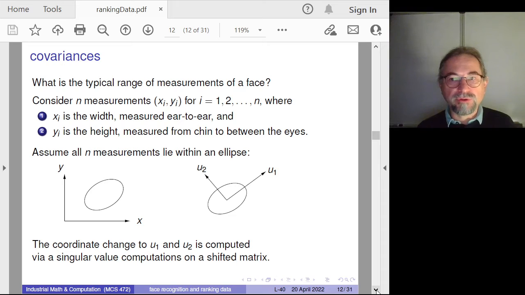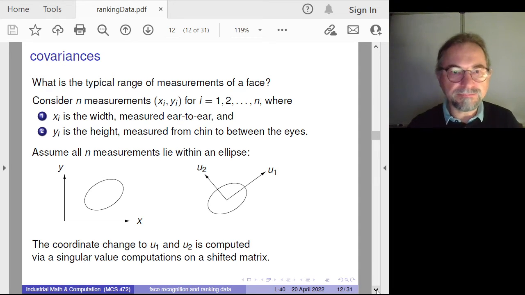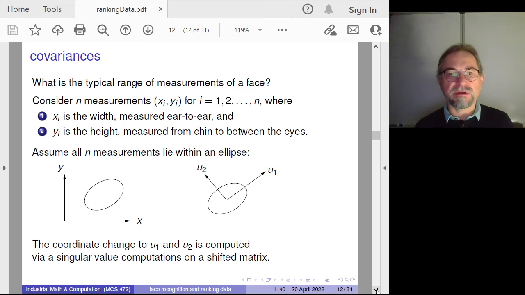Now, x is the width, y is the height, and if you were to represent this geometrically by dots in the plane, then you may see that this corresponds to an ellipse. Then one can normalize the data set by computing the mean and placing the origin of the coordinate system at the center of the observed data, which will have somehow an ellipse shape.